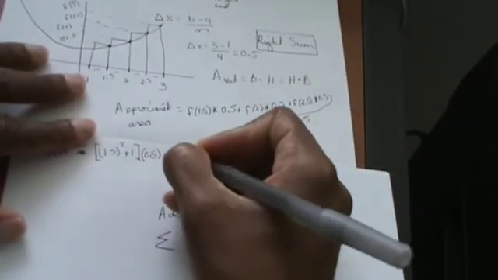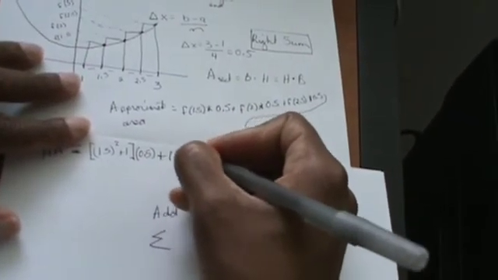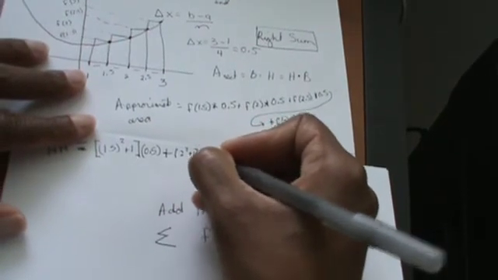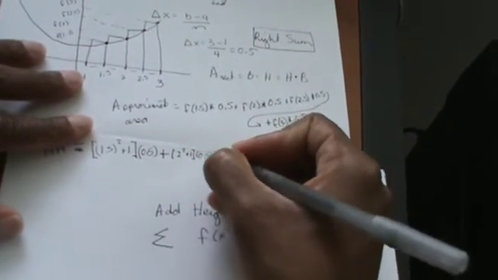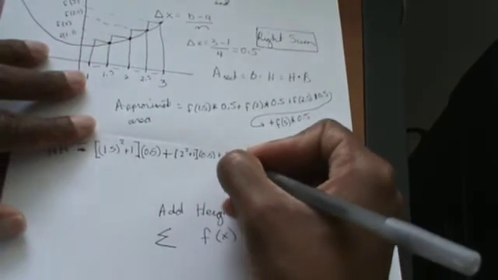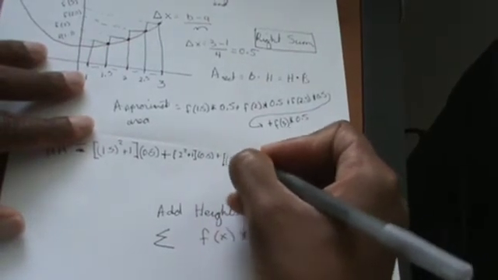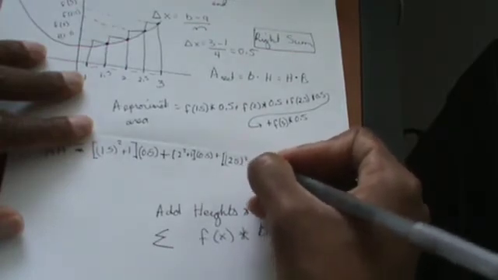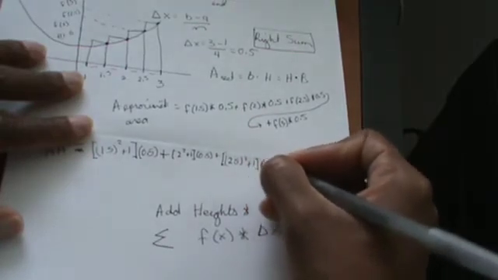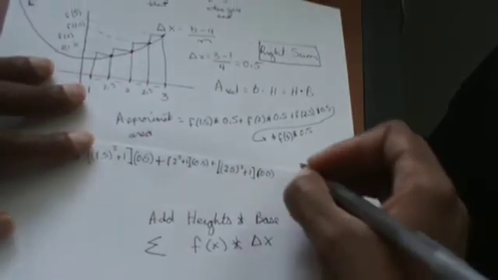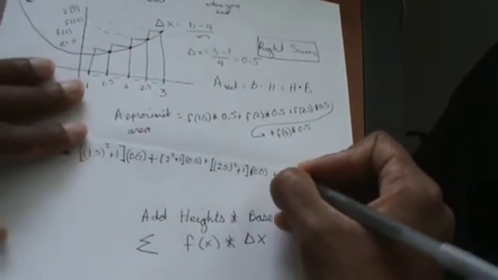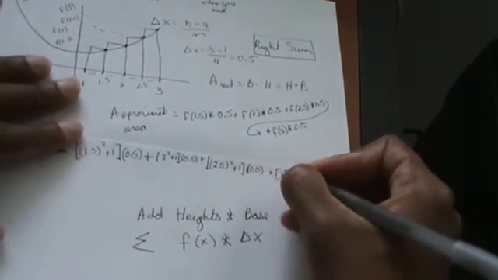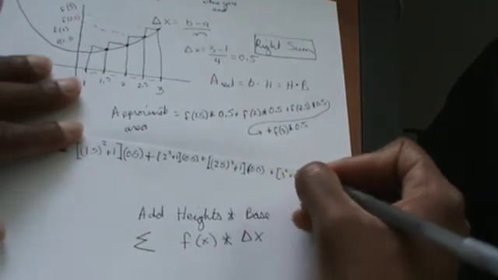Plus 2 squared plus 1 times 0.5, plus 2.5 squared plus 1 times 0.5, plus 3 squared plus 1 times 0.5.